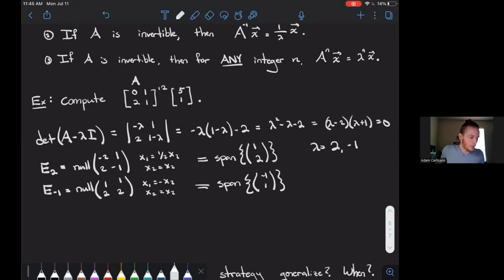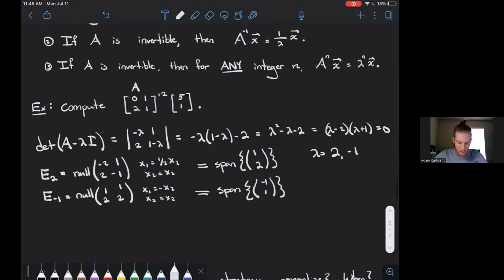Okay, so now what is the use of this? Notice that these two vectors are linearly independent. That's kind of powerful.